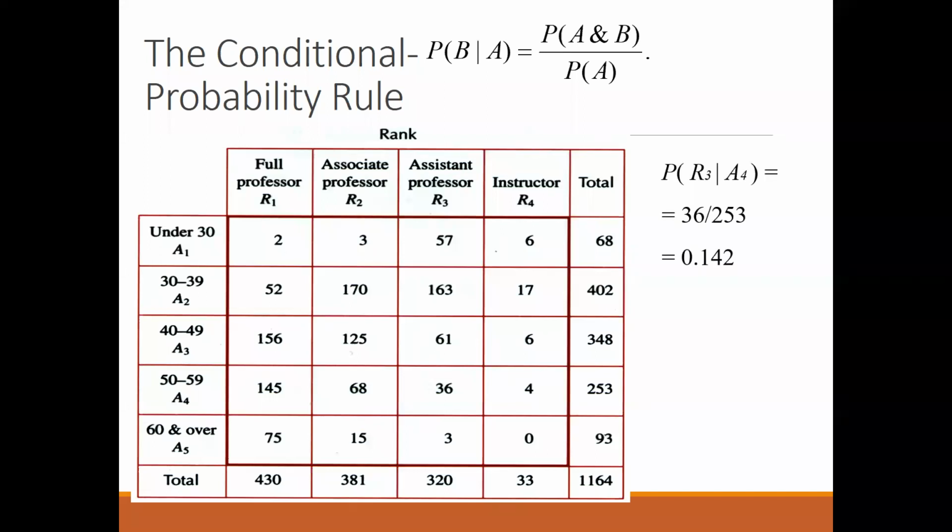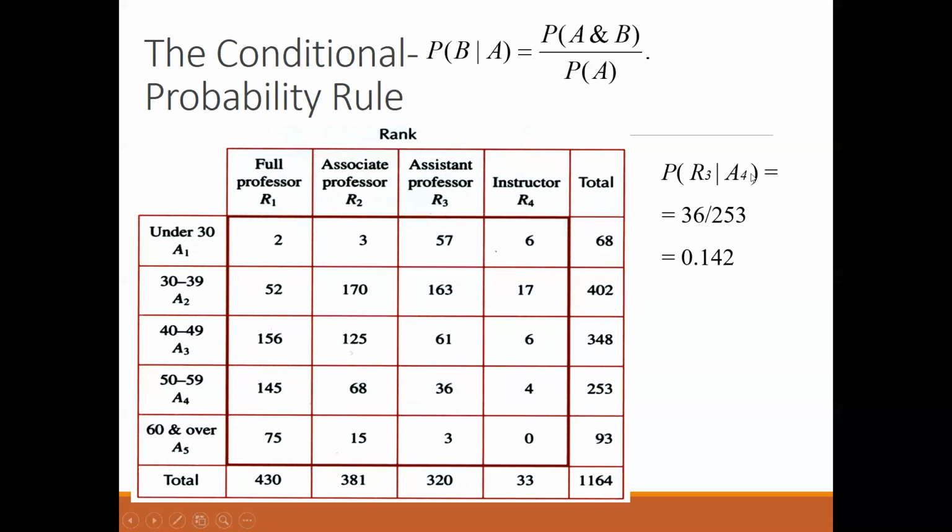The first one, please go through it. Probability R3 and we have A4. So A4 has already occurred, please remember. So look at the column R3 and A4. We have 36 here. Immediately I put 36 divided by, now this is my A4 because A4 is here.